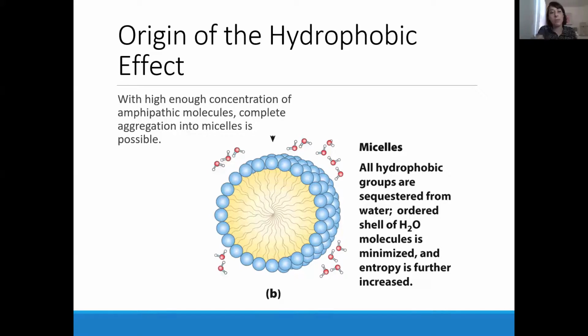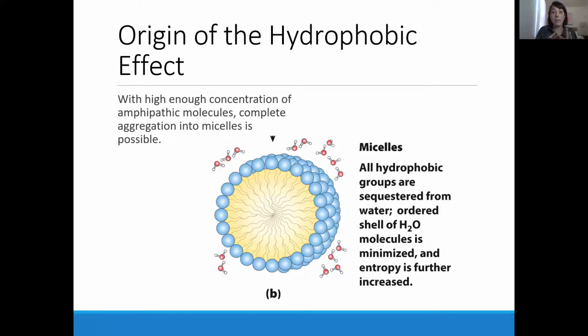Now, the hydrophilic end, that head group, happens to be polar and allows for interactions with water. This side then tends to face the water. It is having interactions with the water, and we again have driven that hydrophobic portion to cluster together as far away from the water.